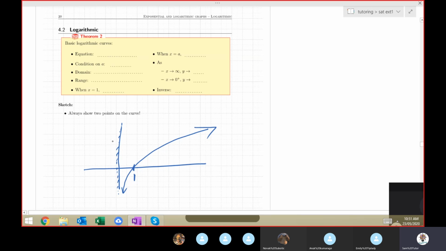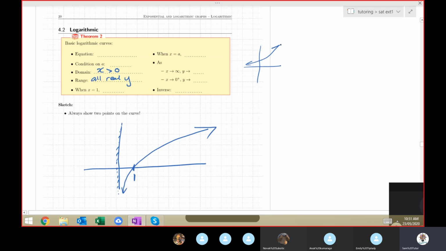So this one here, you can tell the asymptote is at x equals 0. And then you can't have any x values that are 0 or negative. So your domain is x is greater than 0, but your range is all real y.